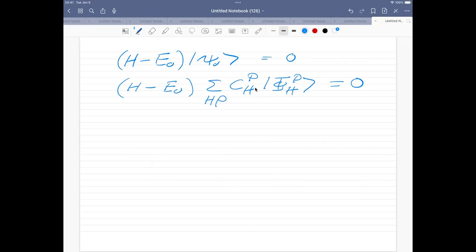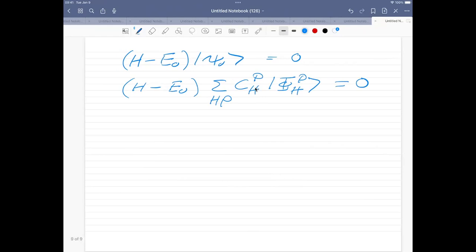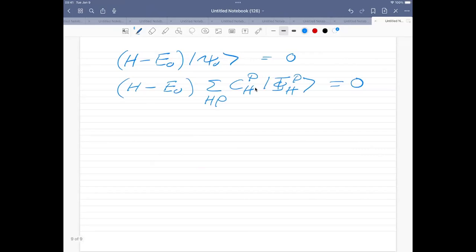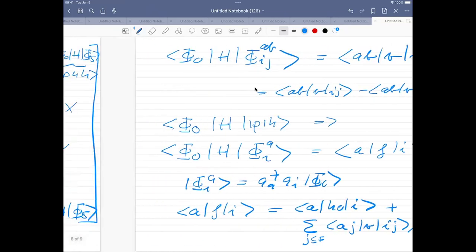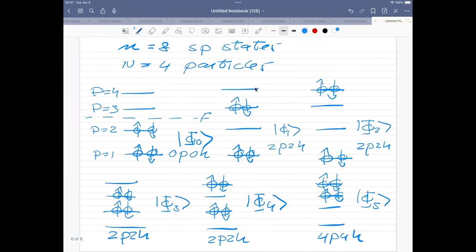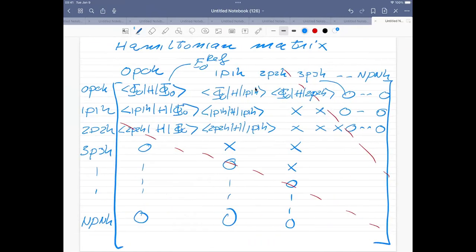If you then go back to the Hamiltonian matrix, the way we have rewritten this eigenvalue problem, what you see now is that every row corresponds to you multiplying from the left with a given set of states. So the first row in your Hamiltonian matrix is you taking that equation and multiplying with phi 0. Then the second row is us multiplying with a block of one particle, one hole states.